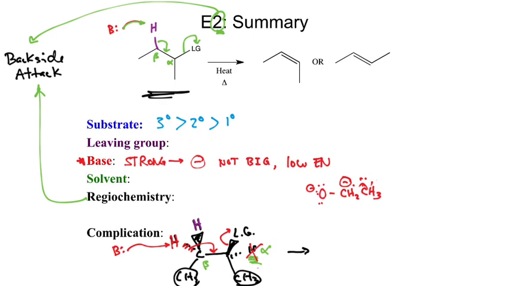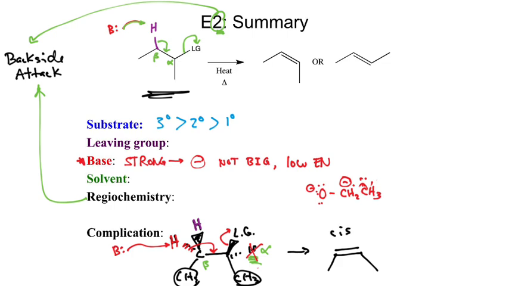Where are they aimed? Straight down. Because this all happened at once, can I do a sigma bond rotation? If it all happens at once, can you rotate? No, it's all happening at once, which means there's the new pi bond. CH3s are on the same side. And I would get the cis product.